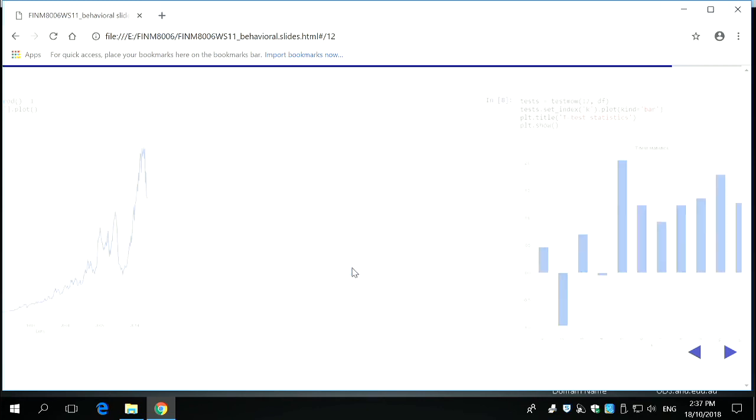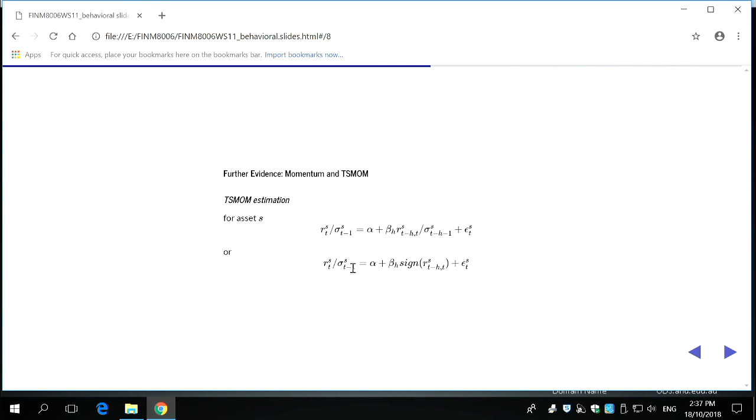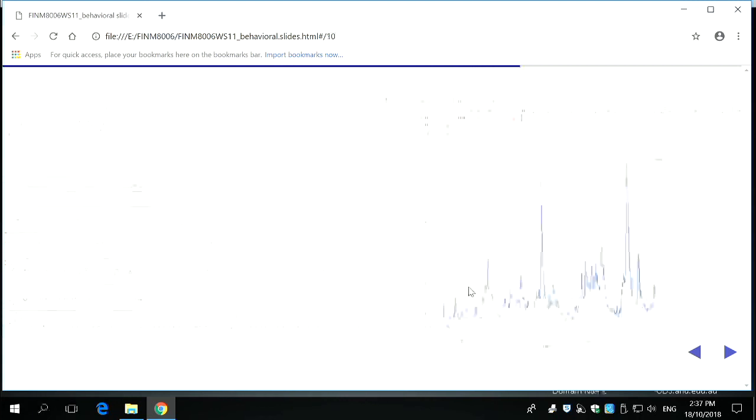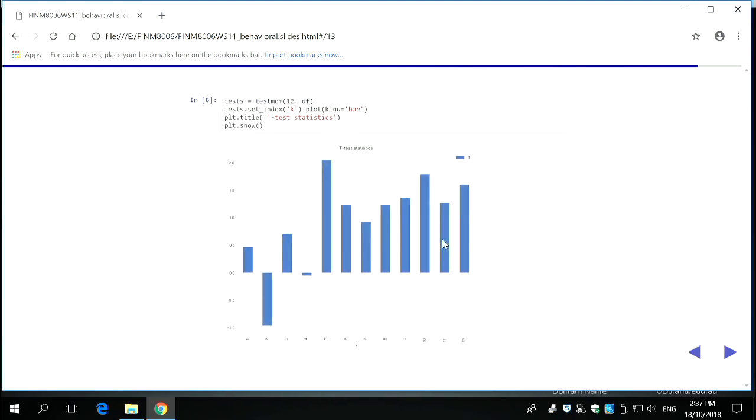This regression is basically a regression of this one. I'm regressing the returns on the sign of the multiple months returns, and I'm plotting the t statistic for all those regressions for different lags.